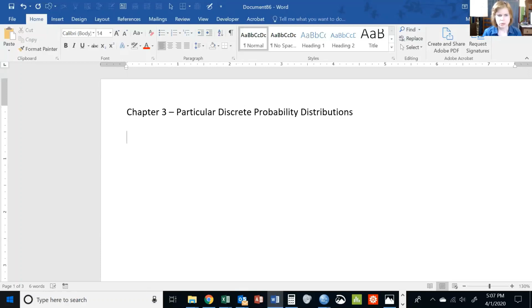In a discrete probability distribution, you can list the outcomes. So we've been talking about random variables. A random variable x is a numerical outcome from an experiment.